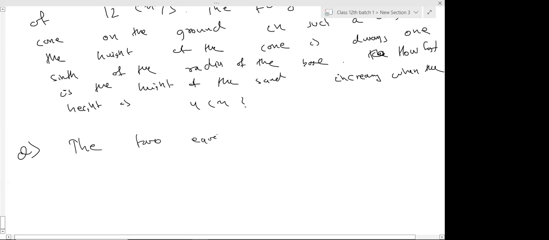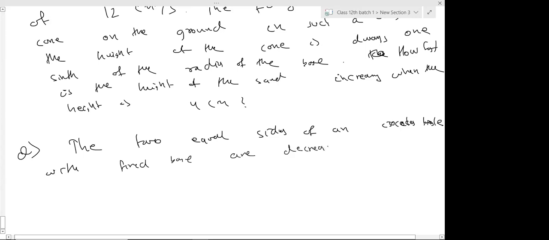The two equal sides of an isosceles triangle with fixed base are decreasing at the rate of 3 centimeter per second.